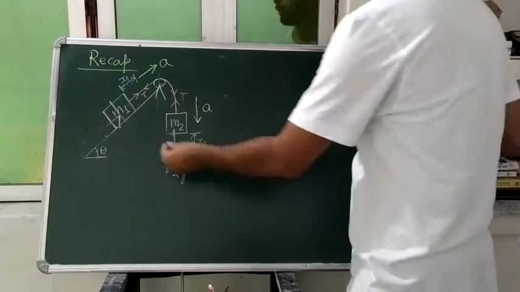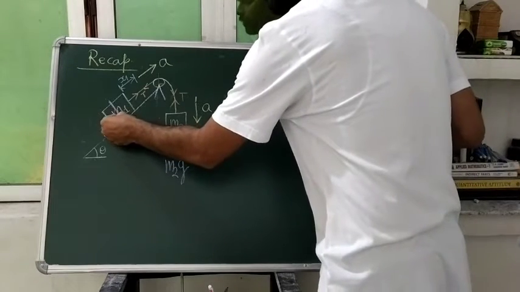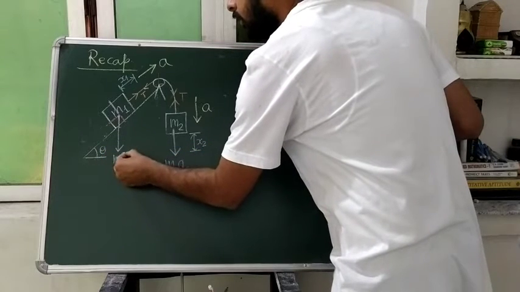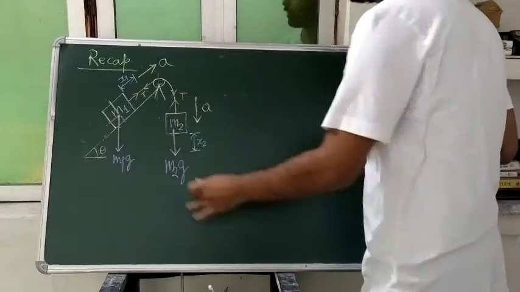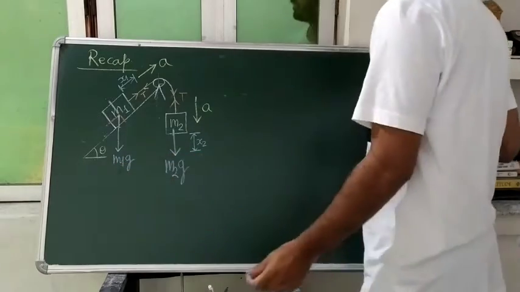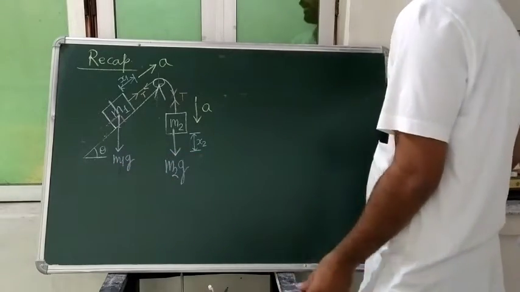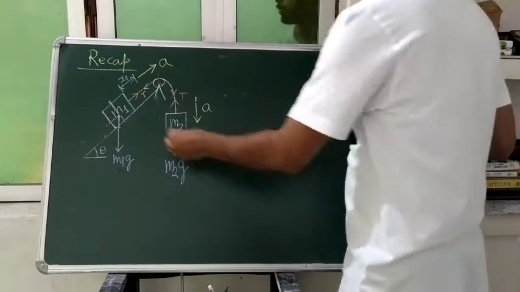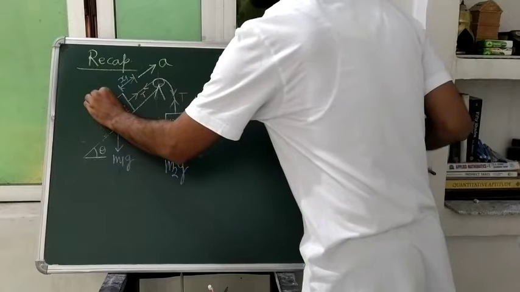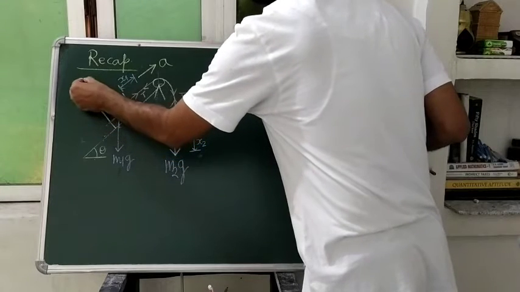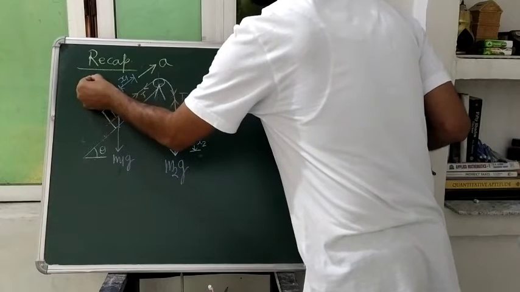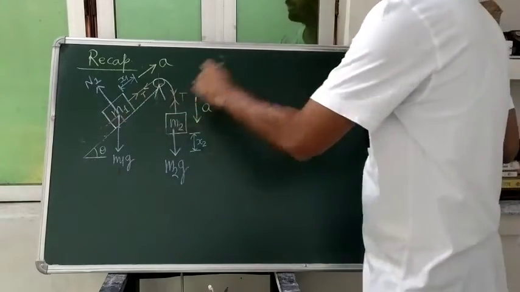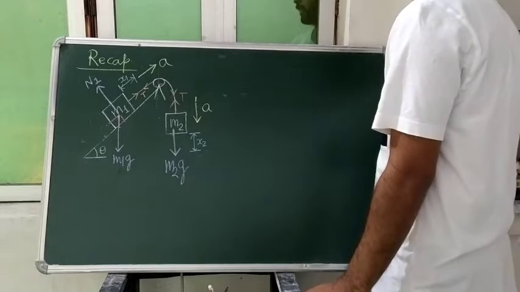And now we will draw the free body diagram of mass m1. Of course, m1g, force due to gravity, is acting in the downward direction, and since there is contact with that surface, a normal force, which we can call N1, is acting, and this normal force will be perpendicular to the inclined plane.